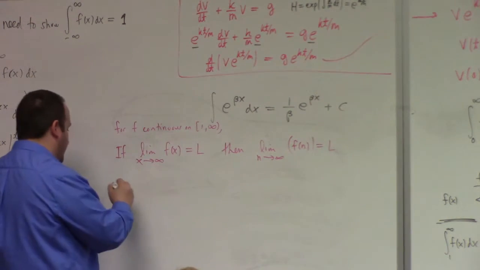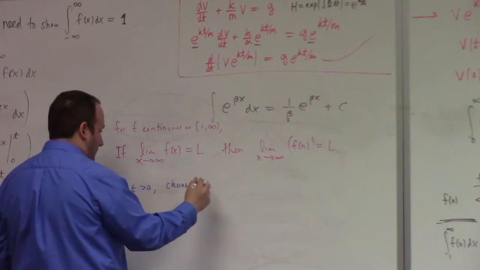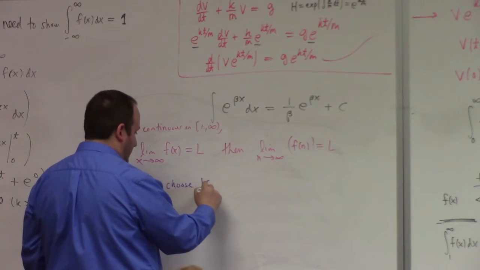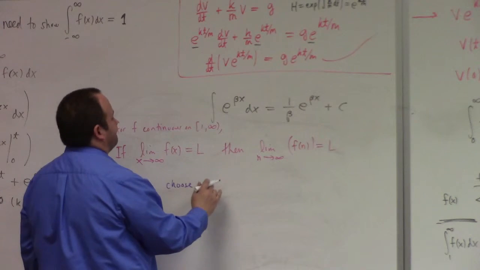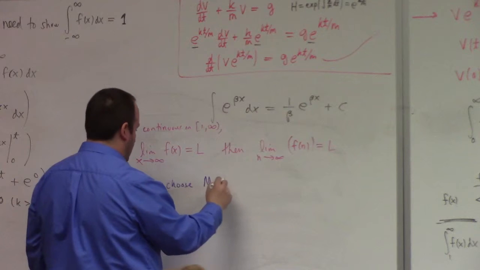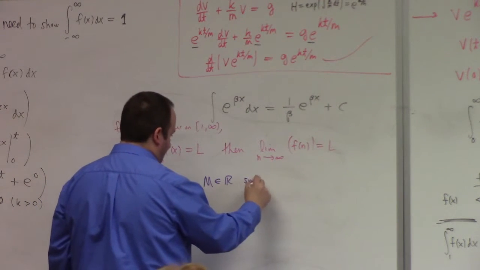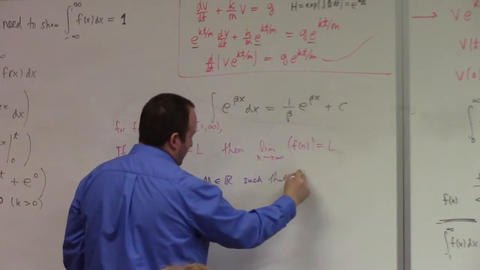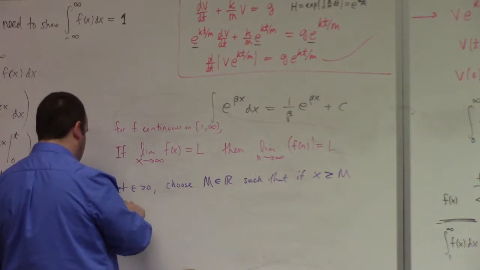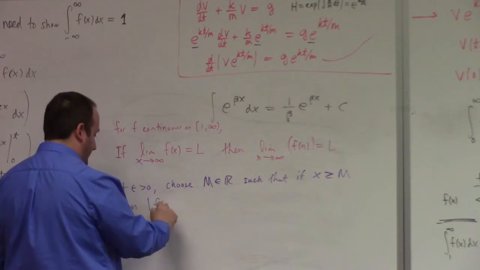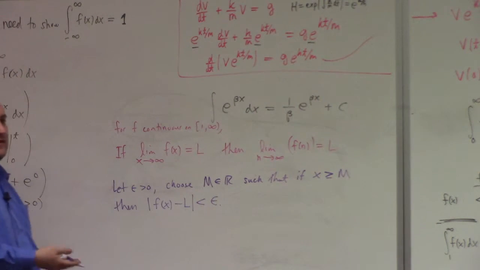If you let epsilon be greater than 0, you can choose, let's say, m in the reals such that if x is greater than or equal to m, then the absolute value of f of x minus L is less than epsilon. That's the definition of an infinite limit.